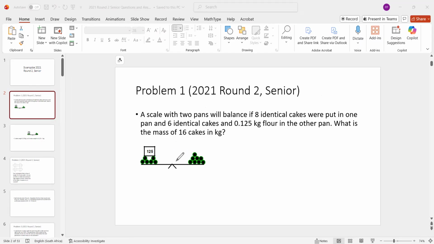Well, if these two are exactly the same, it means that you can remove these 6 from here and the 6 from here, and we will have that 0.125 kgs is the weight of two cakes.